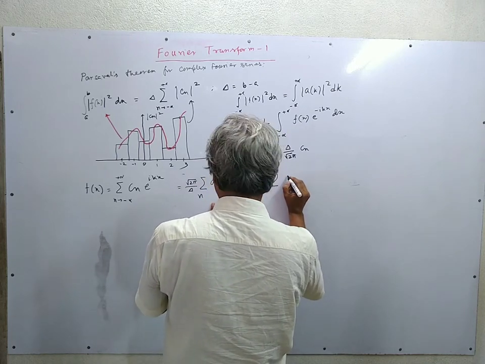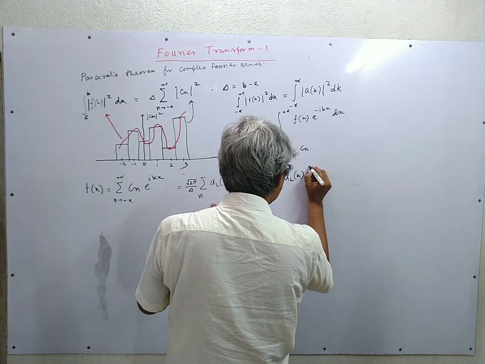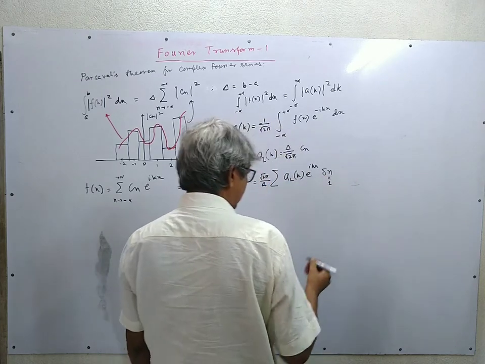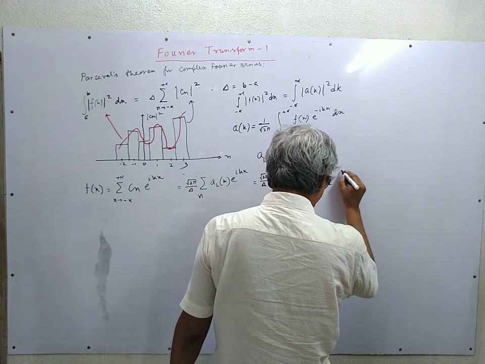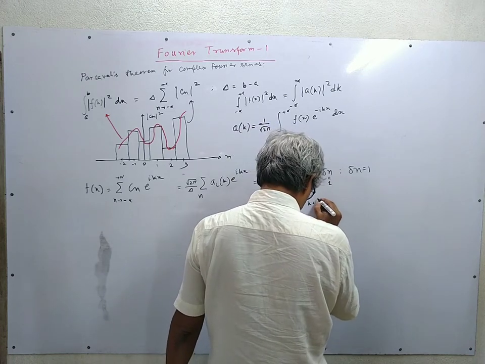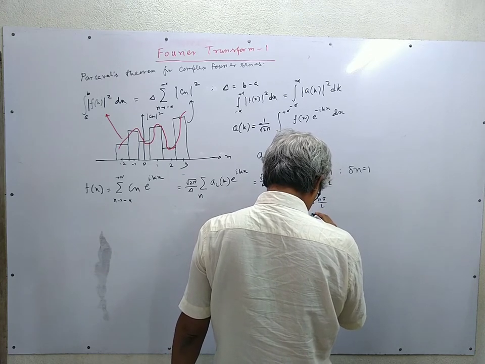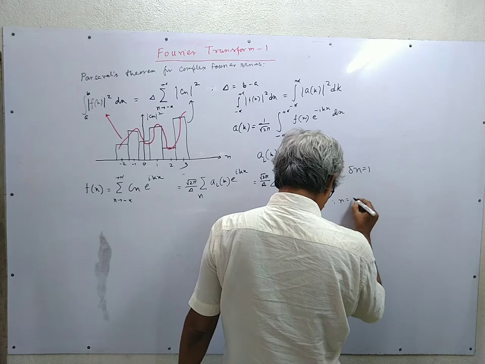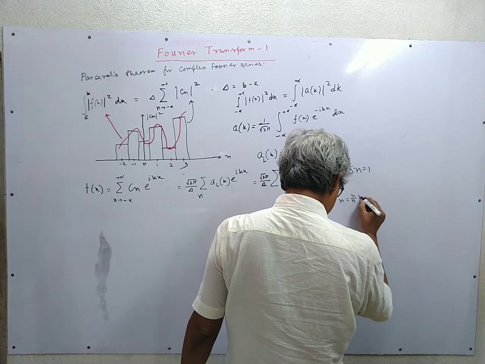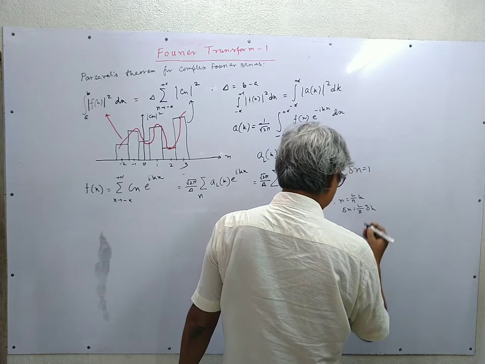Since delta n is 1, and you know that delta n is equal to what? n is equal to L by pi k, so delta n is equal to L by pi delta k.